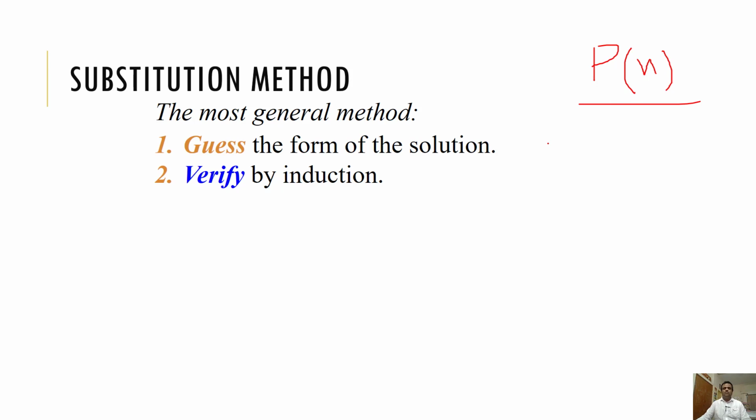There are three steps in this method. In the induction hypothesis step, we assume that the property is true up to n, and if we can show the property P is true for n, and if we can have a base case, that this property is true for 1 or 2, some base case, then we can claim that this property is true for all n after this base value.